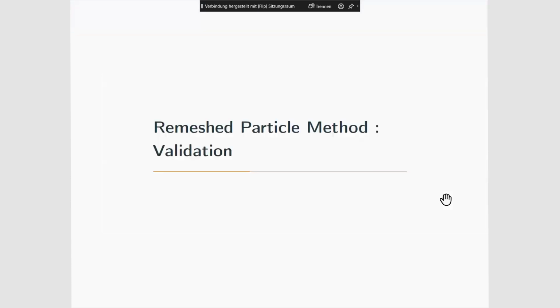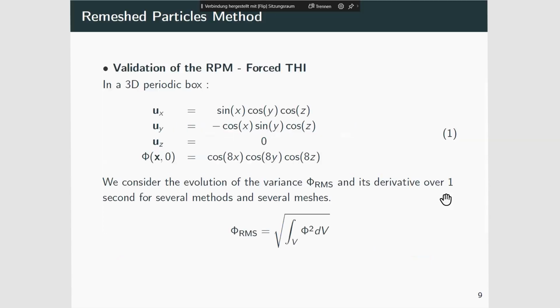So how did we validate this method? We use the case of homogeneous isotropic turbulence.